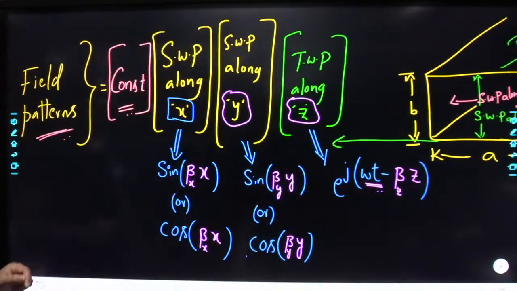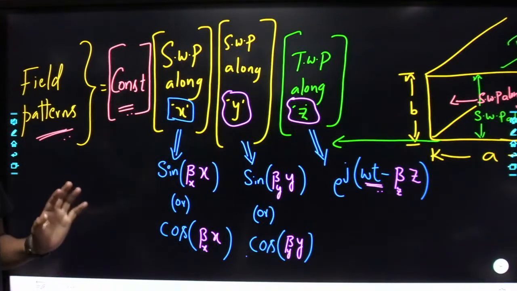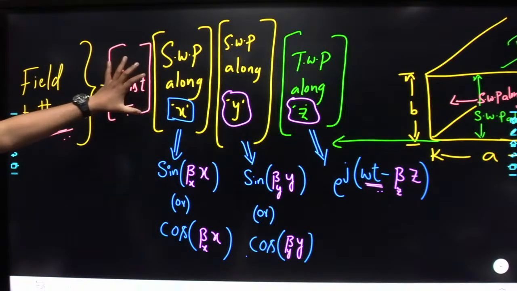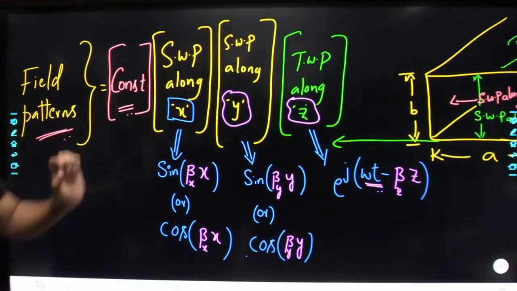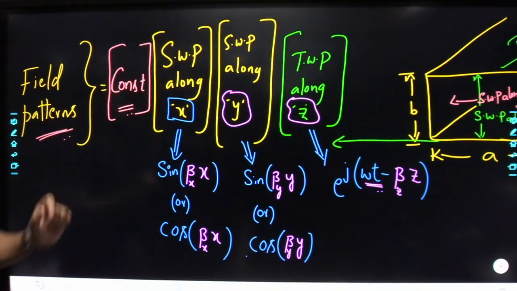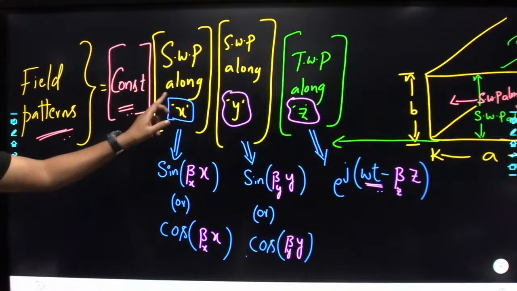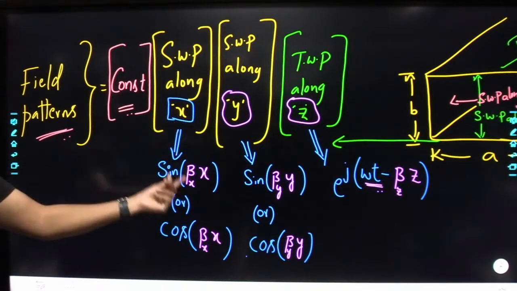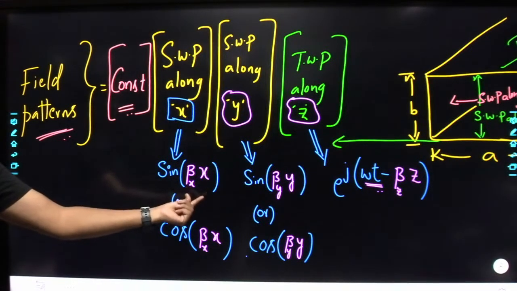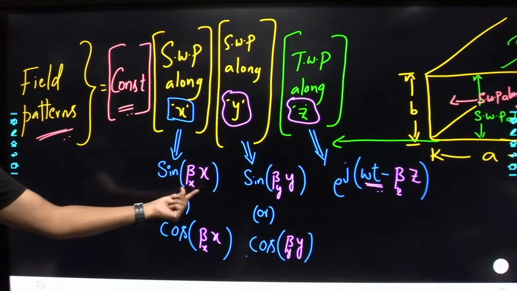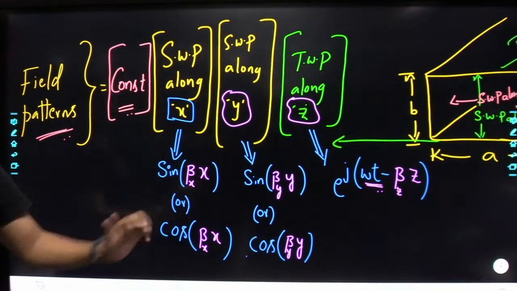This is how you have to represent the field pattern inside the rectangular waveguide. You have some constant multiplied by some standing wave pattern. The solutions of those standing wave patterns are sinusoidal in nature, so it may be either a sine function or a cos function. Since this is the standing wave pattern along x, you represent the change in phase along x, which is beta x into x.